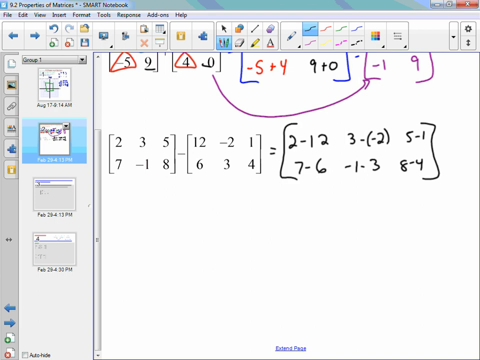You do not need to do that. You can simply go from the problem to the answer for the adding and subtracting problems. So you have -10, 5, 4, 1, -4, 4.